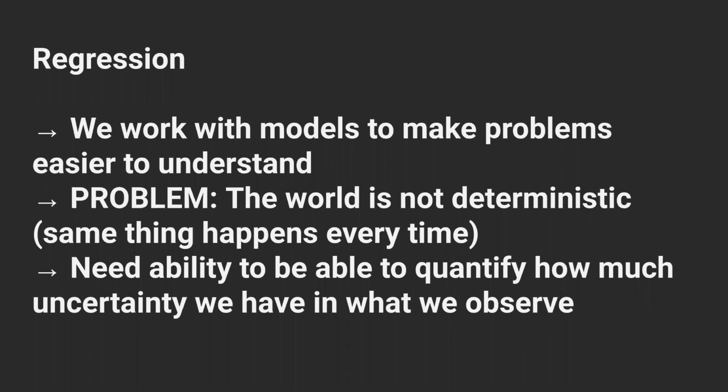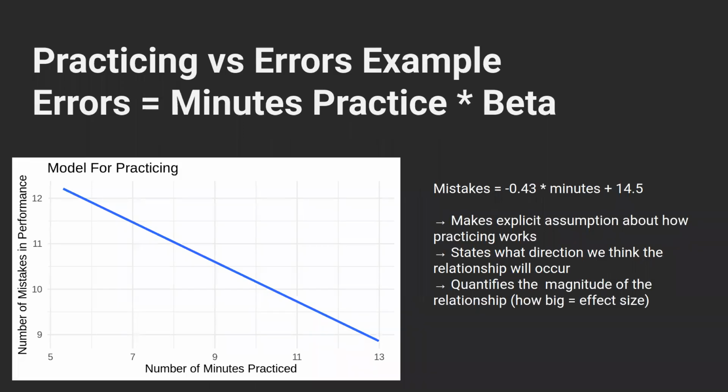And the importance of regression and working with models is that we need the ability to quantify how much uncertainty we have in what we observe in the real world. I know I've been talking really theoretically up until this point, and I promise I'll give you tangible examples for this. So we talked a little bit about what a model might look like.